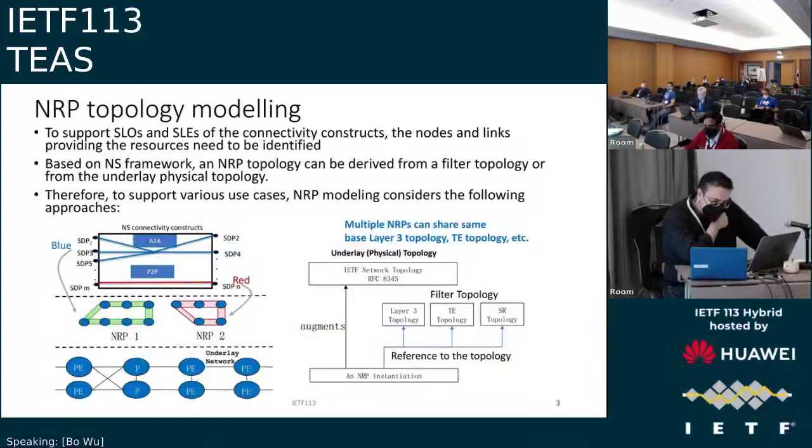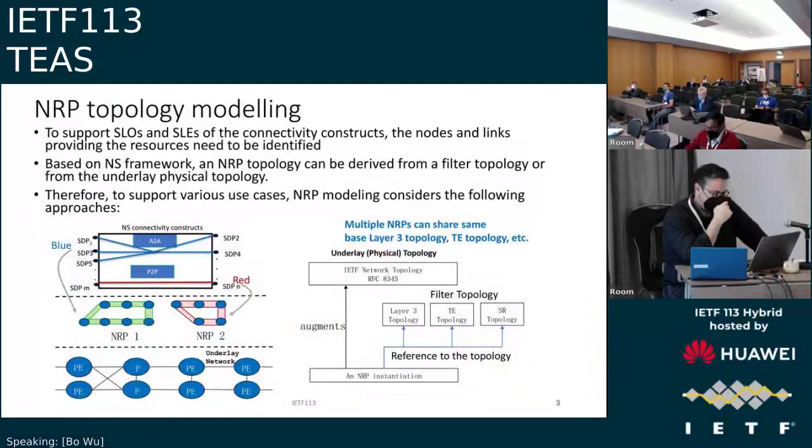Each NLP can accommodate different connectivity constructs, like the blue network slice service can map to NLP1, and red can map to NLP2. The red is just a point-to-point connectivity construct.